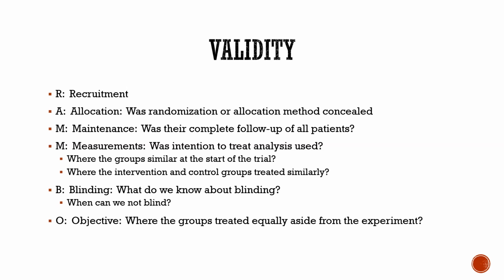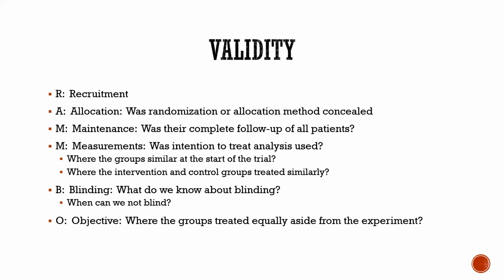And the B is blinding. But first, measurement: are they similar at the start of the trial? Usually the different groups, the control group and the intervention group, should be treated similarly, other than the intervention.